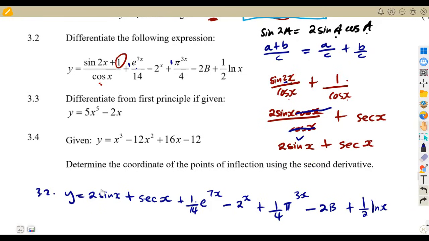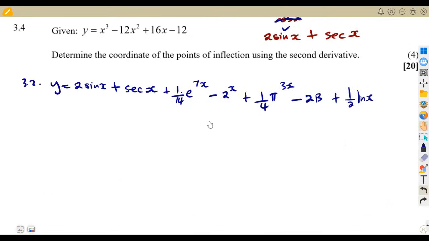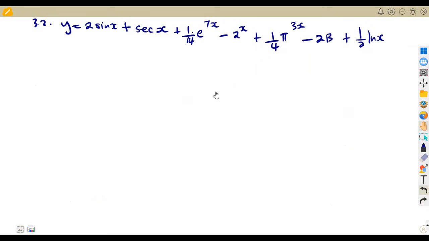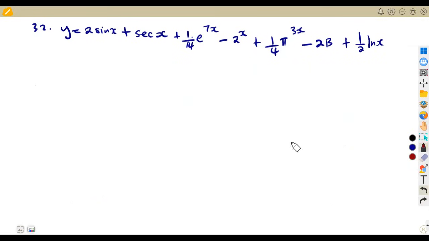So this is the y that we were given before here. We just simplified it. Therefore, let us differentiate y with respect to x. So what is going to be the derivative of y with respect to x? Take note, sine changes to a cos. This is what we have here.